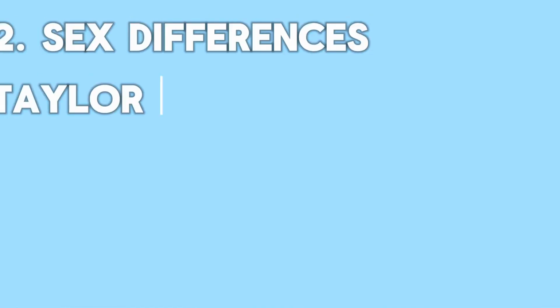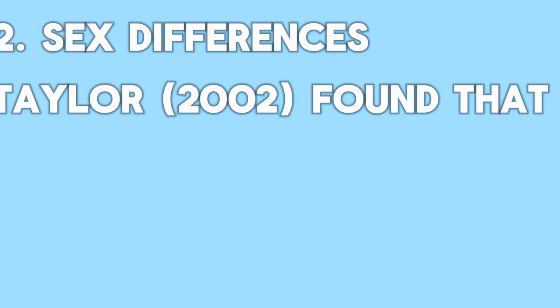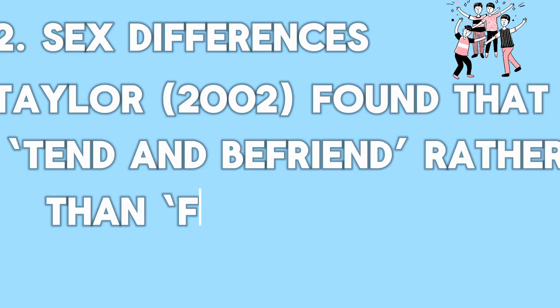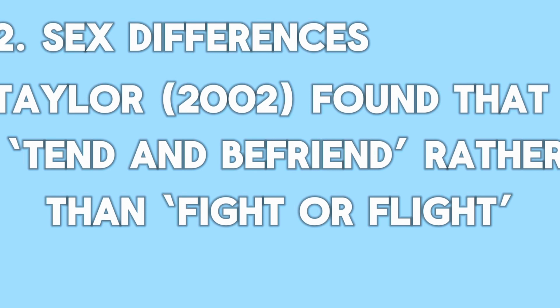So Taylor et al. in 2002 essentially found that while men tend to fight or flight, women tend to tend and befriend. So what this means is they make alliances with other women to ensure that their children, for example, are safe. So pause the video now and tell me, what kind of gender bias is this demonstrating?